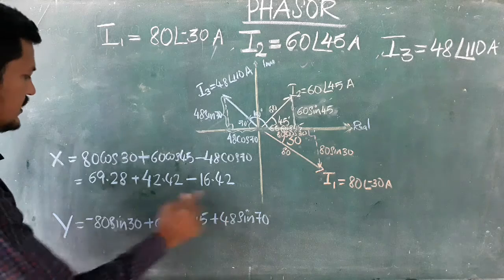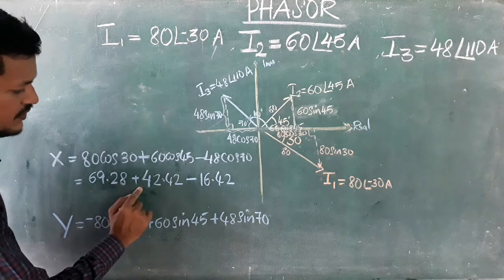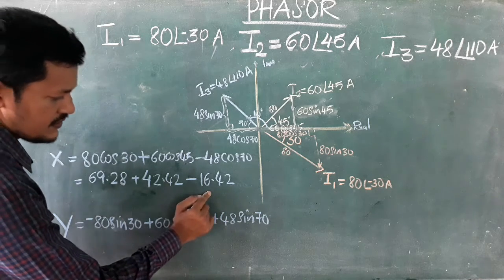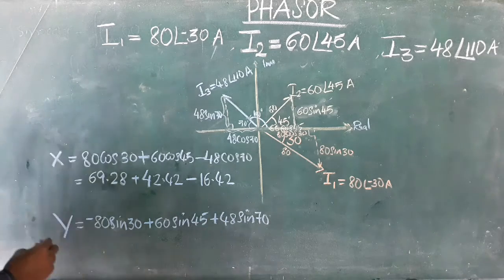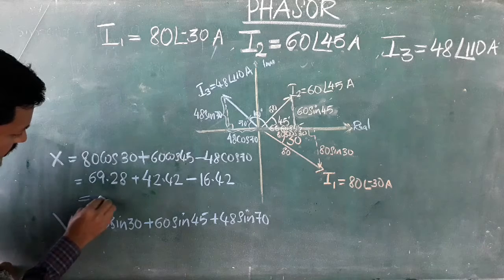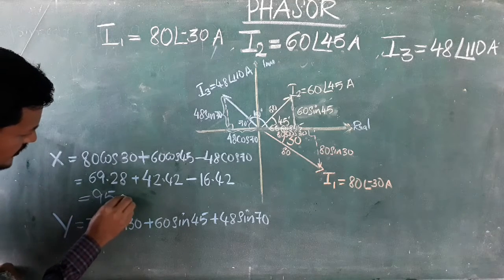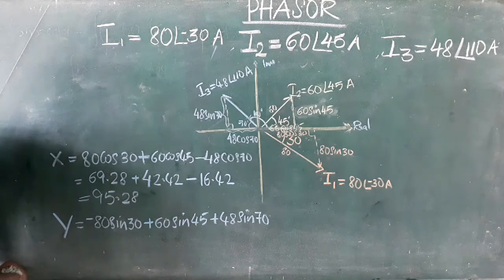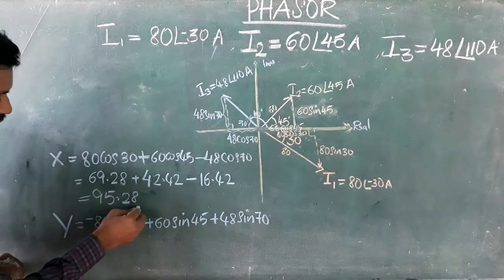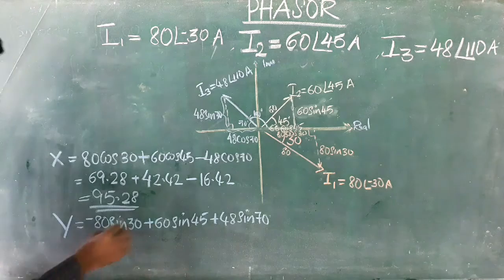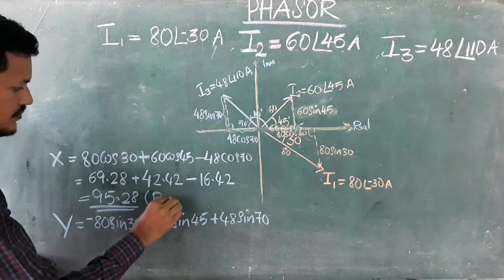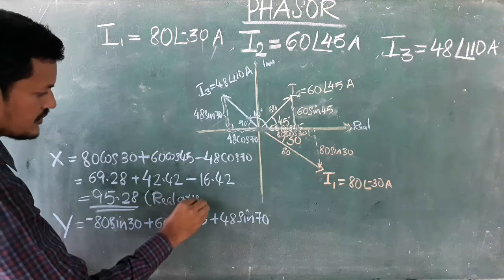While adding these three, 69.28 plus 42.42 minus 16.42, we will get 95.28 units. This is the x component. The x component belongs to the real axis. This is a real axis value.